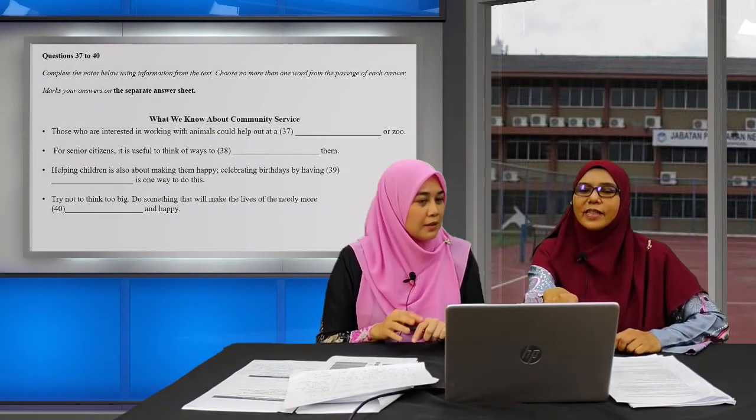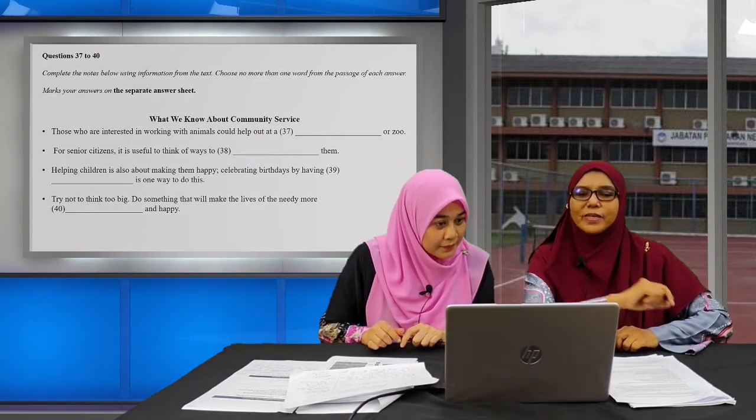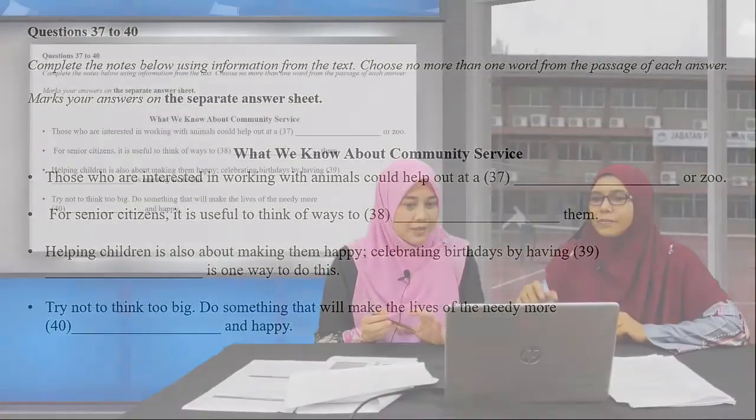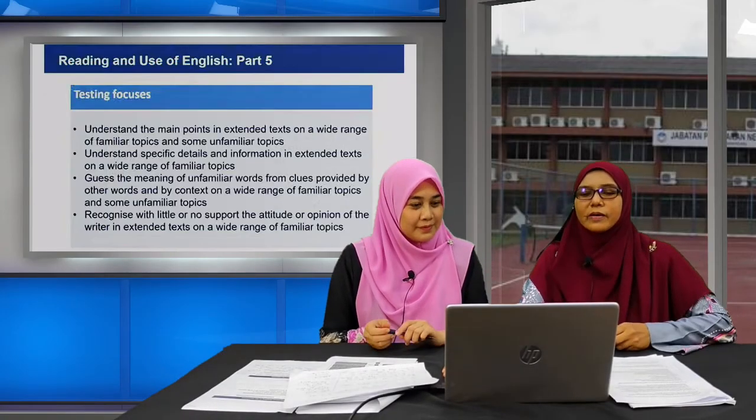So students should be alert. There it is stated: complete the notes below using information from the text. Choose no more than one word. What if the student answers in a sentence, or let's say in a phrase? They'll get zero. They'll get zero. Okay.